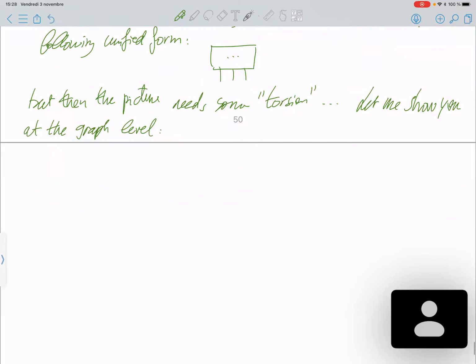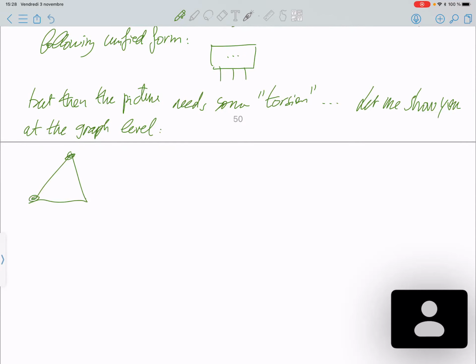So you start from that. Then you go like that. You should convince yourself that these two graphs are the same, isomorphic as graphs.